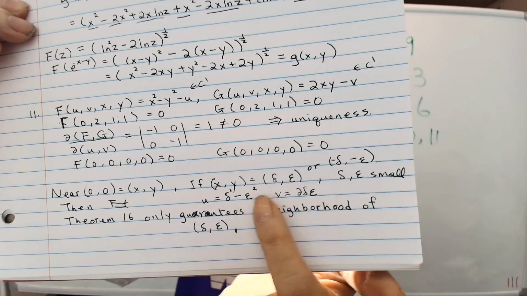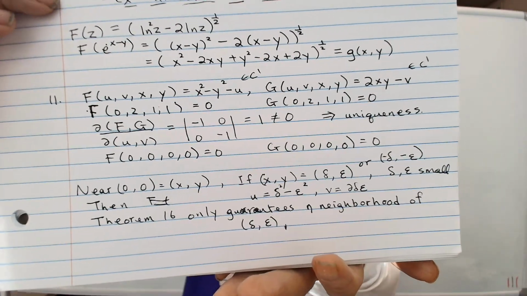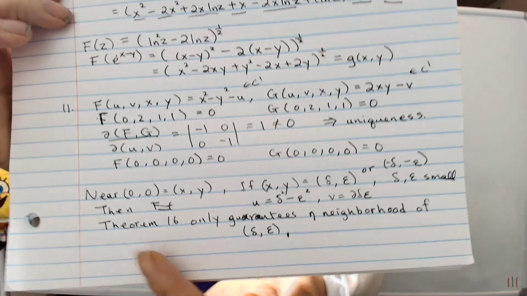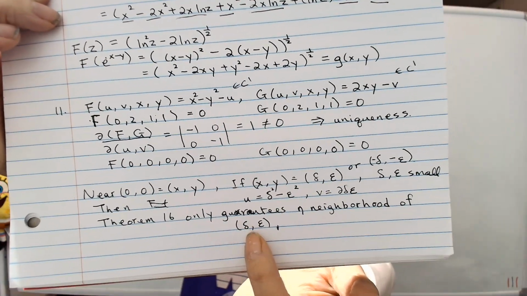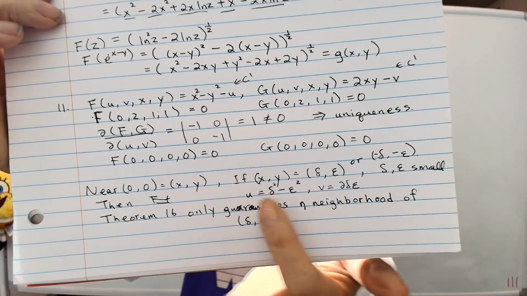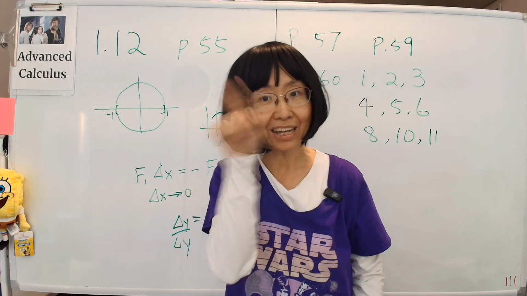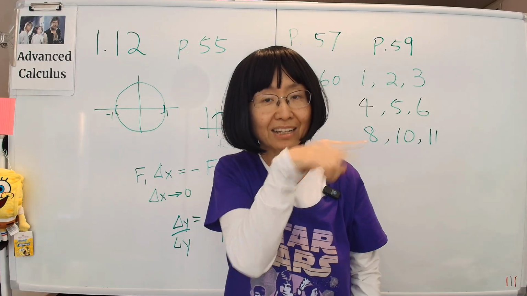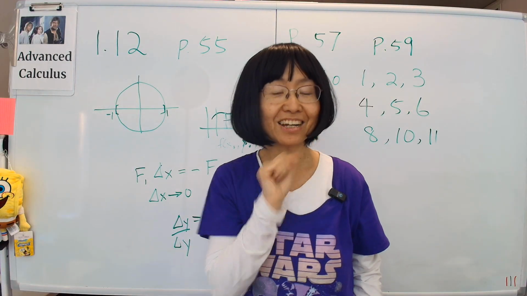So why is that? Does that mean theorem 16 has failed? Well, it did not fail, because theorem 16 only guarantees the eta neighborhood around a specific point. So the fact that there's another one next to it, we don't care. Why don't we just draw the eta neighborhood smaller and around 0, 0 so that it avoids the other solution? We just draw it around one of them.